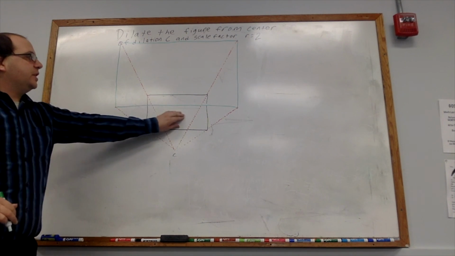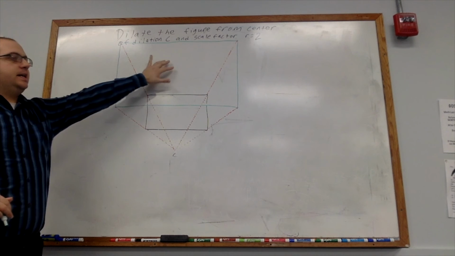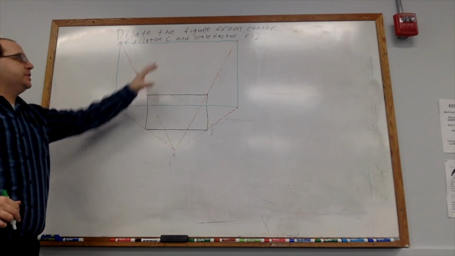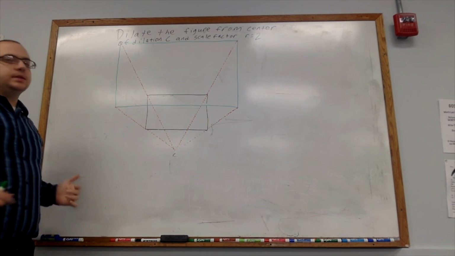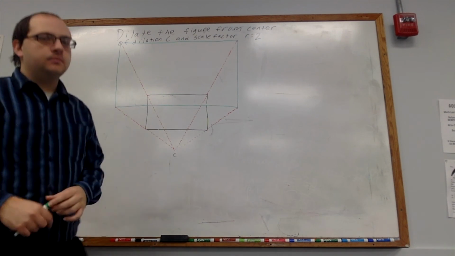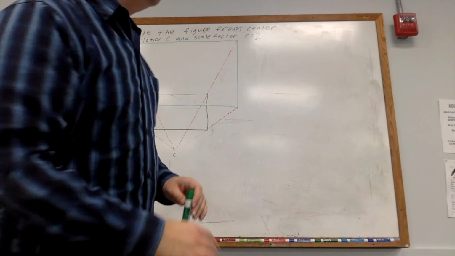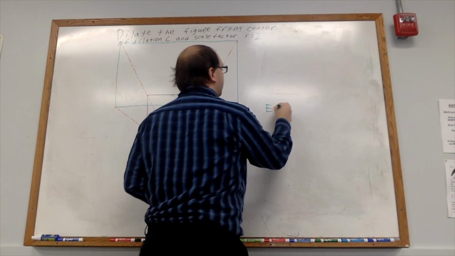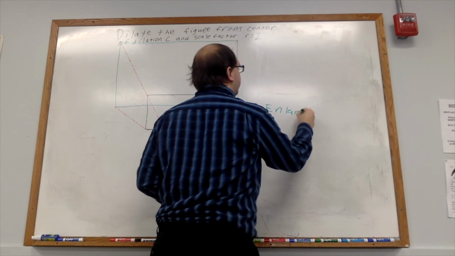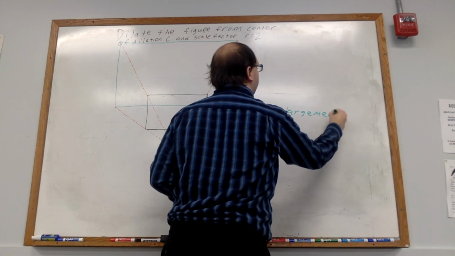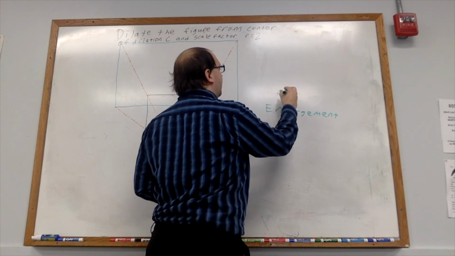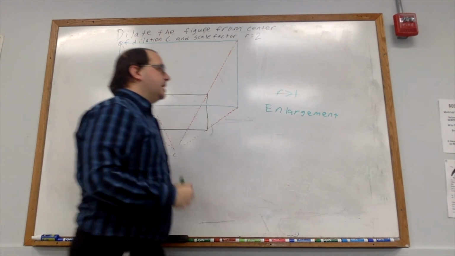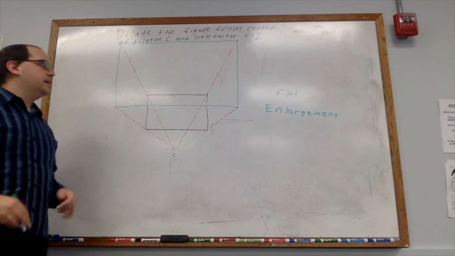We just took this figure and doubled its size. But again, we also doubled its length from center C. So it did both things. So for this one, it's called an enlargement. So if R is ever greater than 1, it's an enlargement. It makes it bigger.